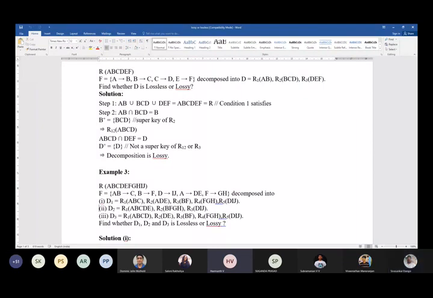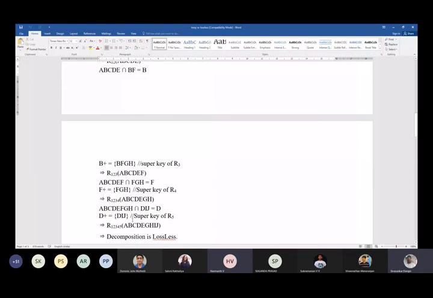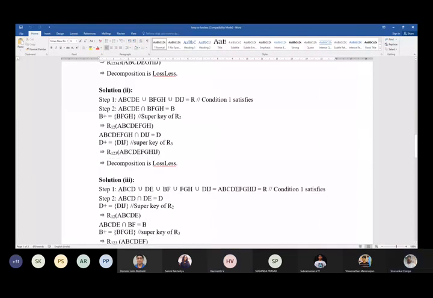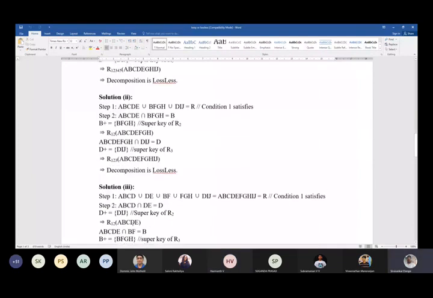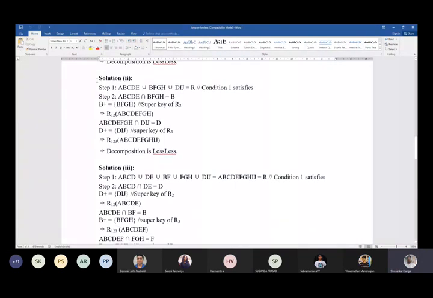So let me show you the solution for the second problem. As Hemant has given the solution, the union of the fragmented relations gives you back the original relation. And the second condition is going to be A, B, C, D, E intersection B, F, G, H. It's going to be B. B closure is going to be A, B, F, G, H, which is a super key of relation R2.